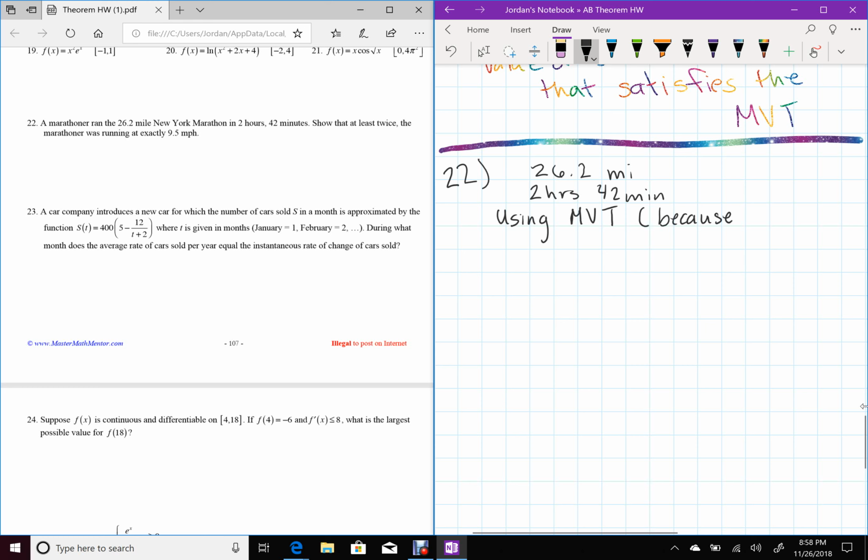Because she's always been moving, right? Because it's continuous. And she's got a speed, which is a rate of change, at all points in the interval.